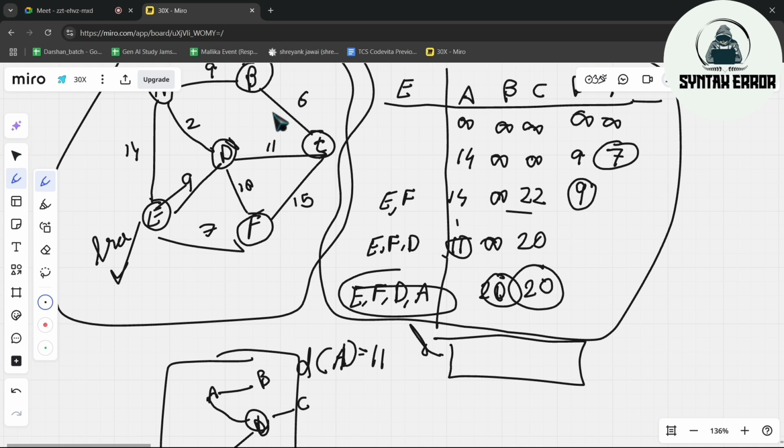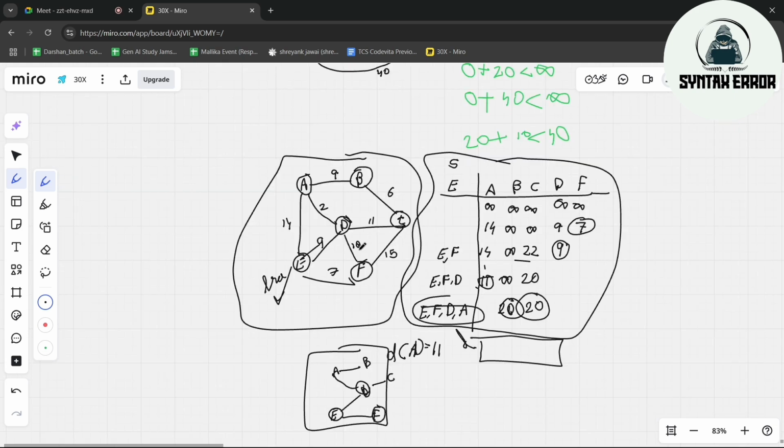Now what are the drawbacks of this algorithm? This will only give us the correct answer if the cost is positive. Suppose the cost is negative, at that time it won't work well, it won't give us accurate answers.